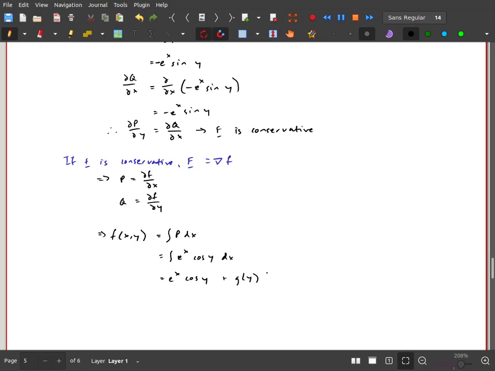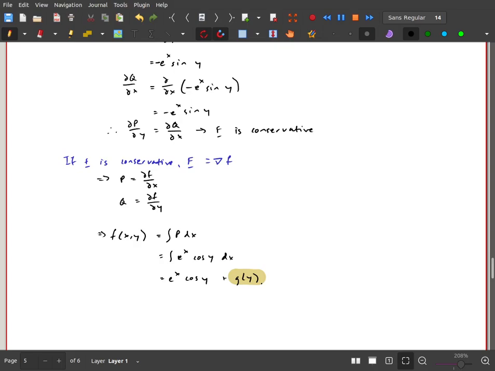So we need to add this g of y term as a placeholder to let us know that there is a term that is either a function of y or just some constant that we still need to determine. So we're not done if we just do the integration, because this is a partial integration with respect to x. We still need to know if there are terms that are dependent on y or not.